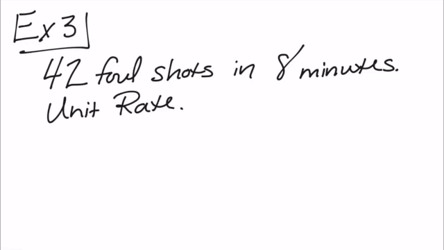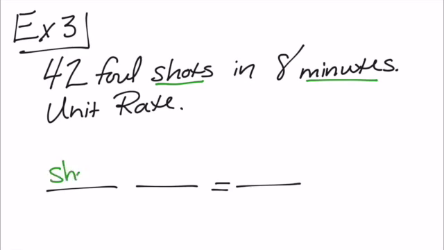So automatically, line equals line. Do your setup. That should just be automatic as soon as you see unit rate. And your first line is always for your labels. What are the two things that we are comparing? In this case, we are comparing our foul shots and our minutes.